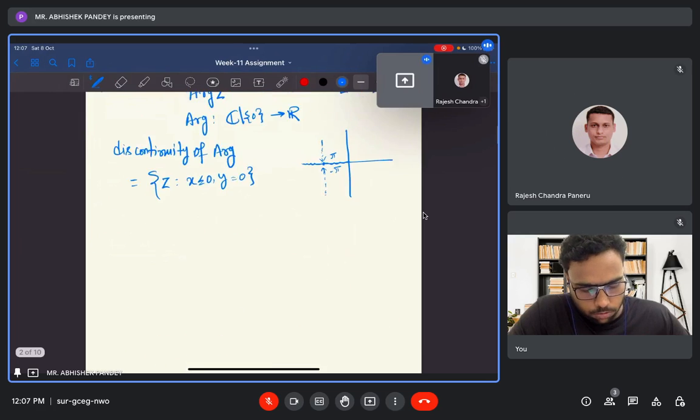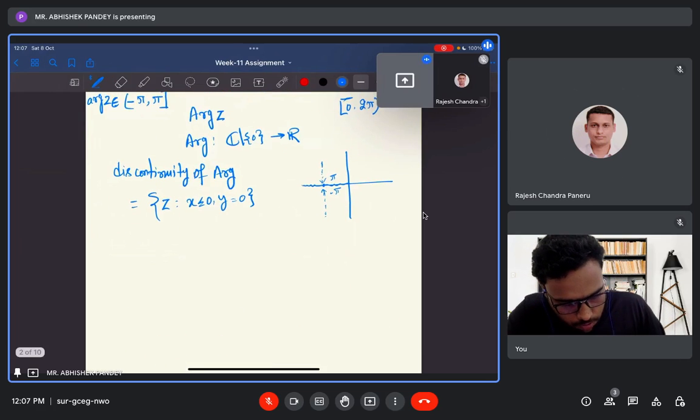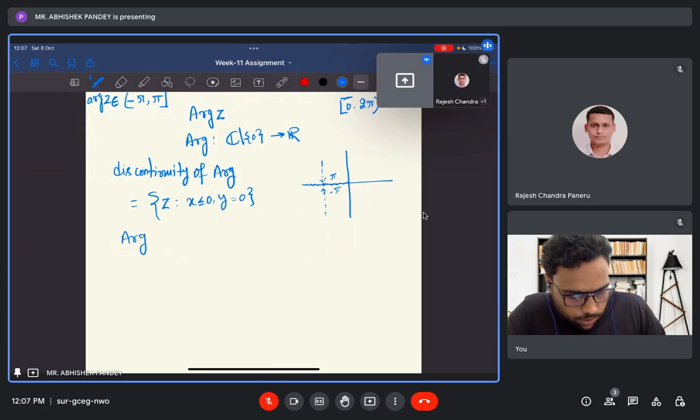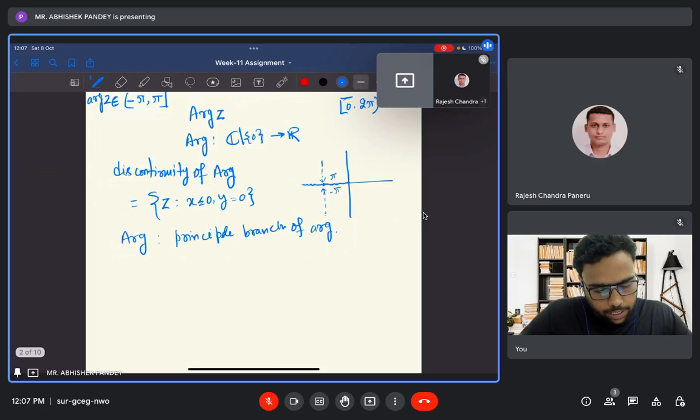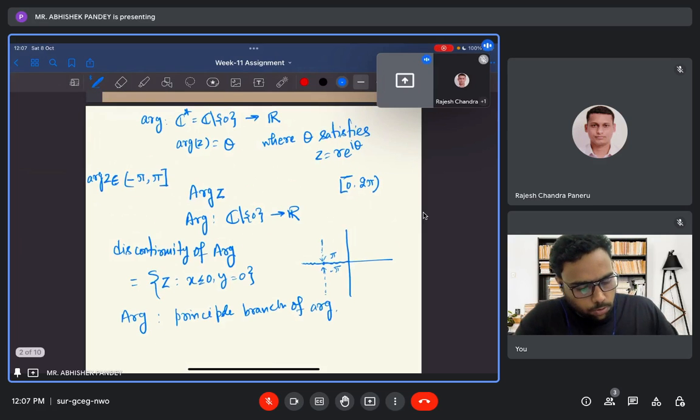We call this argument the principal branch of the argument. Here I have restricted to minus pi to pi.